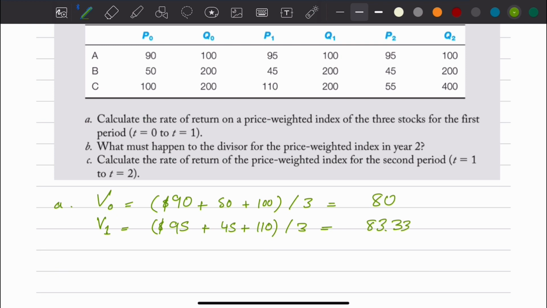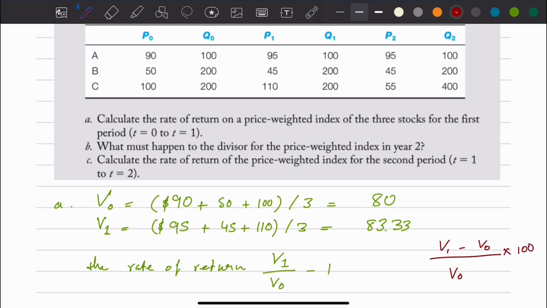Okay, now we know the total value of the index at each time, right? We can calculate the rate of return for the index. The rate of return is going to be V1 divided by V0 minus 1. You can either do it this way, or you can do it by the traditional formula, which is V1 minus V0 over V0 multiplied by 100.